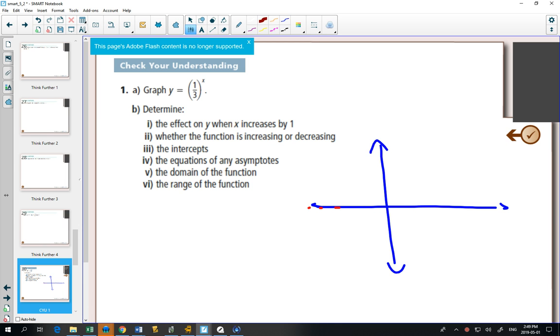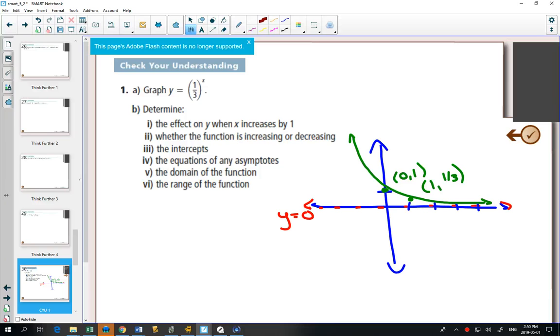We have an asymptote at y equals 0. We have the point (0, 1), and when I plug in 1 in this case, I would get (1, 1/3), so I know that this one swoops down, or decreases, as it goes towards the asymptote.